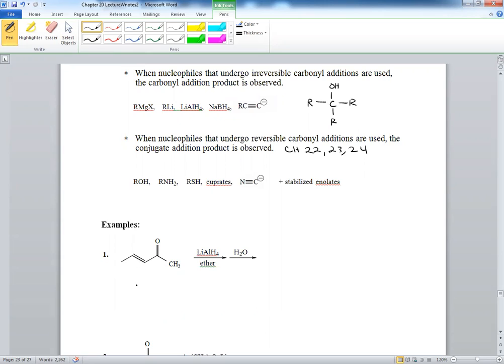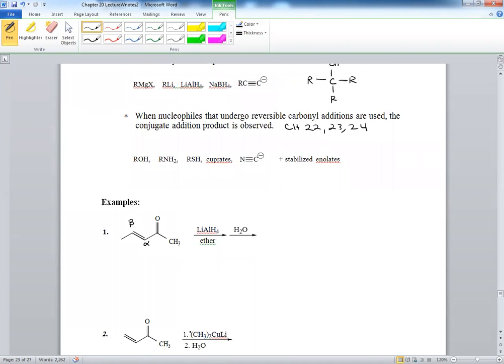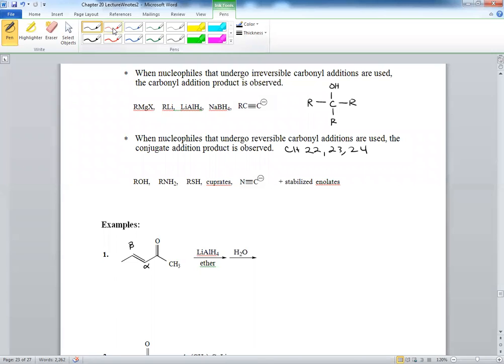Here's what we mean by the alpha beta. Alpha is the first carbon in the alkene and beta is the second carbon. The difference between lithium aluminum hydride and the organocopper, in this case, is that the attacks occur at different carbons. With lithium aluminum hydride, it's going to attack at the carbonyl carbon.